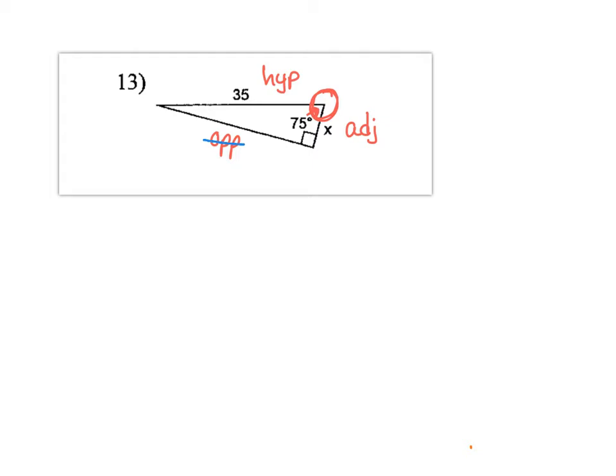Just a reminder, we're practicing using our trig functions, our sine, cosine, and tangent function. We use the trig functions to find a missing side in a right triangle. The acronym that we use is SOH CAH TOA to figure out which trig function we use.